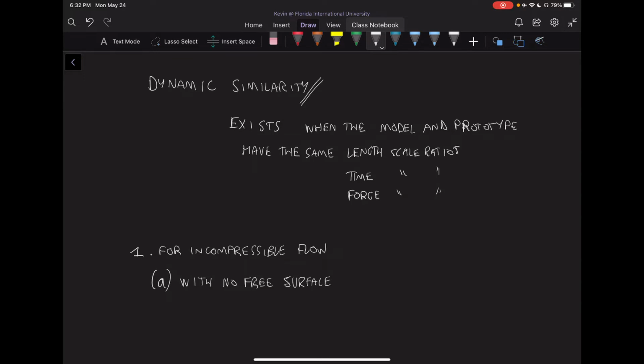We can say that Reynolds, okay, and we usually use a little d for Reynolds or a little L, it depends. But Reynolds for model and prototype are equal.